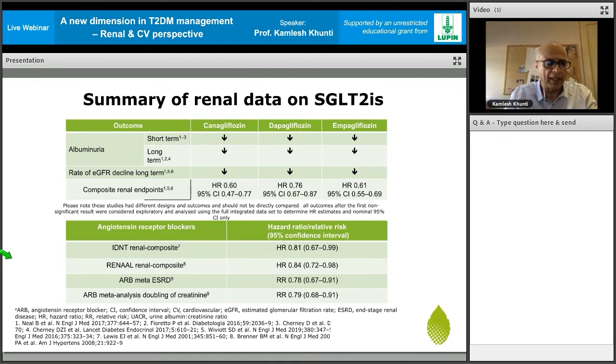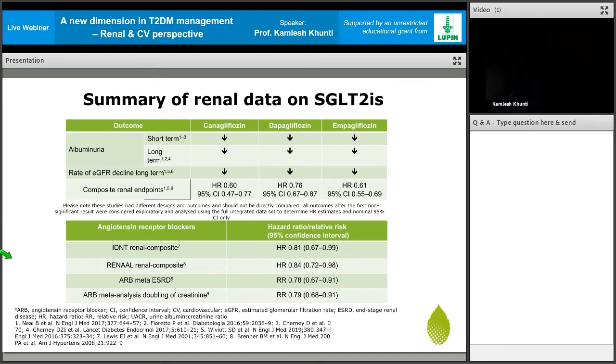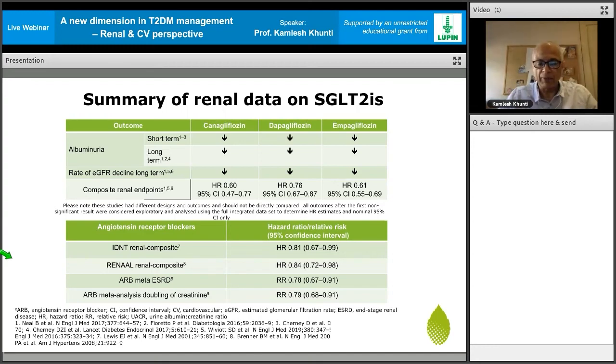And we can again discuss the DAPA-CKD study that has just been published. Just to rehearse that, this was for 4,000 people who were randomized to either dapagliflozin or placebo. And the interesting thing about this is 68% had type 2 diabetes. 32% didn't have type 2 diabetes, and we see a reduction in both people with and without diabetes in terms of about a 39% reduction in composite renal endpoints.